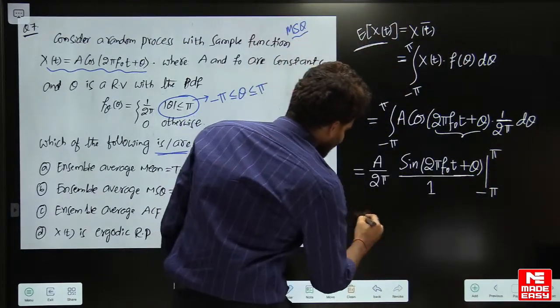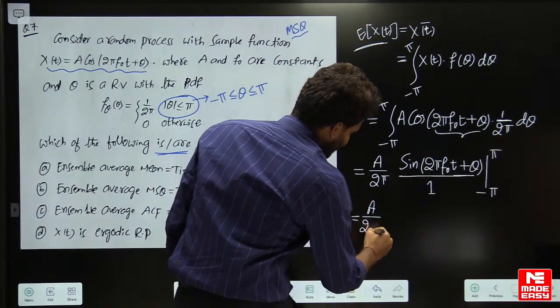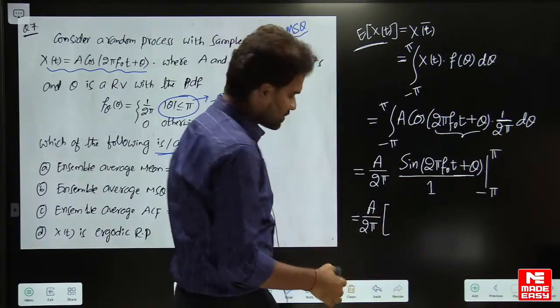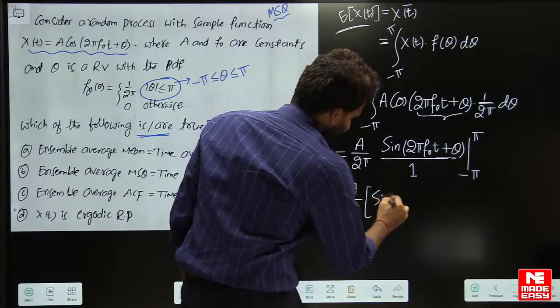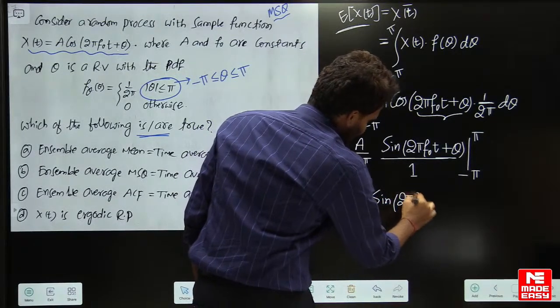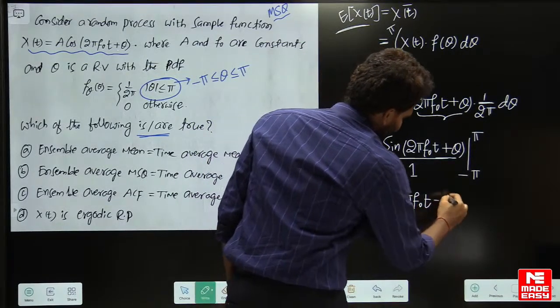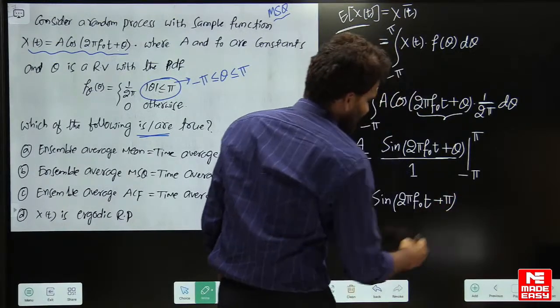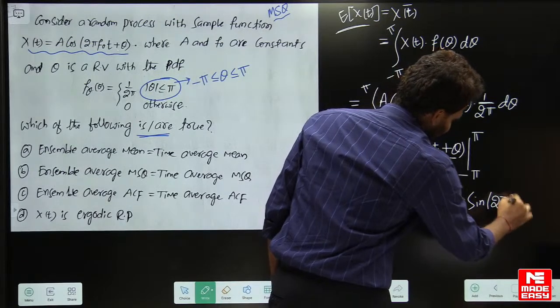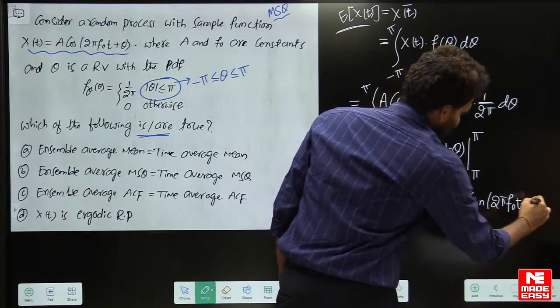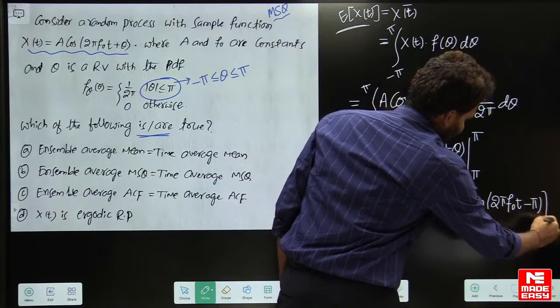Then it will be A by 2 pi. If you substitute the limits, you will get sine of 2 pi f naught t plus pi minus sine of 2 pi f naught t minus pi.